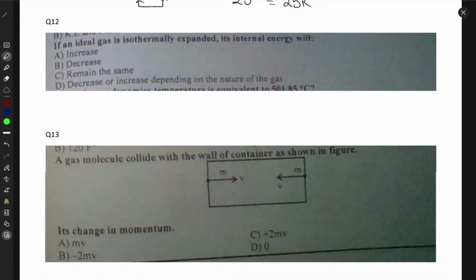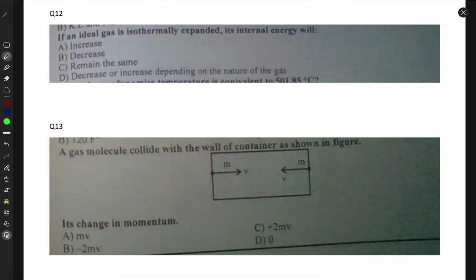Right, so let's move on to the next question. Question 12. If an ideal gas is isothermally expanded, its internal energy will what? Increase, decrease, remain the same, or decrease or increase depending on the nature of the gas. Well, isothermally means, again, that temperature is maintained as constant, right?